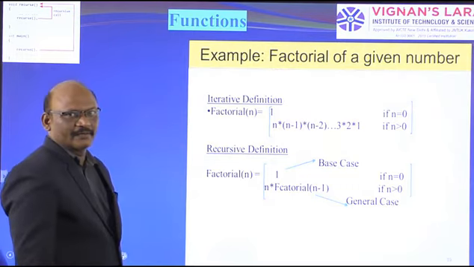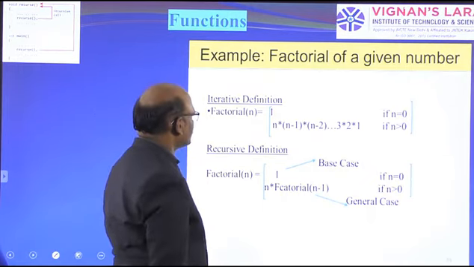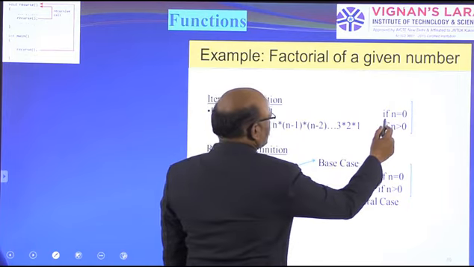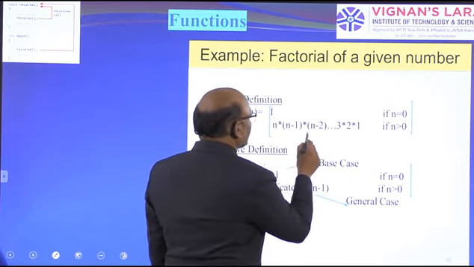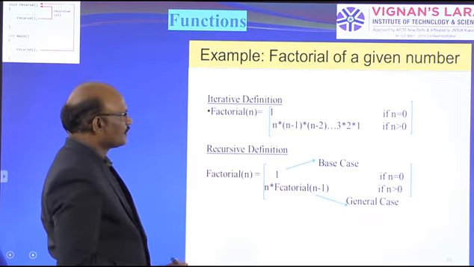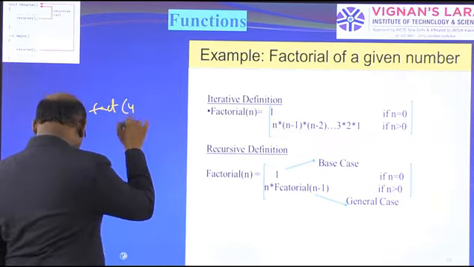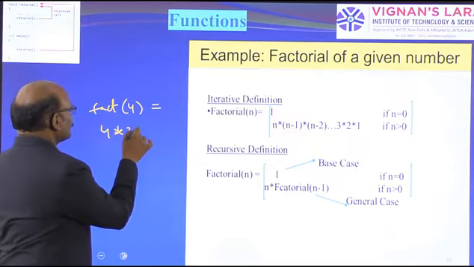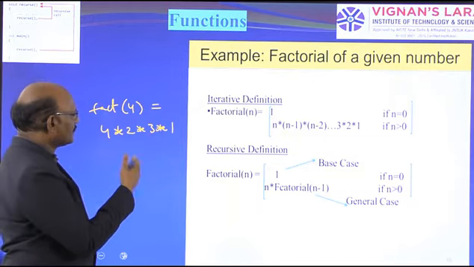For example, factorial of a given number. If you want to find the factorial of a given number using the iterative definition, factorial of n will be calculated as follows. If n is equal to 0, it is 1. Otherwise, if n is greater than 0, it can be calculated as n into n minus 1 into n minus 2 and so on, up to 1. For example, factorial of 4 is calculated as 1 into 2 into 3 into 4, right?